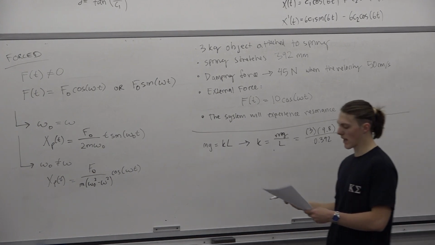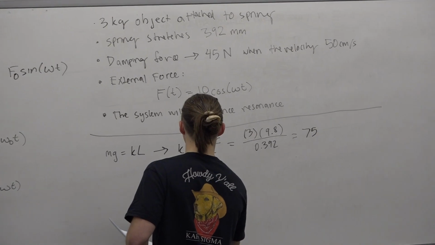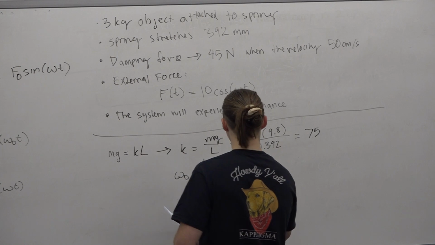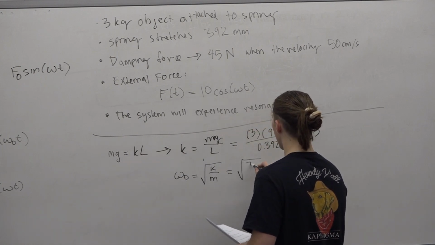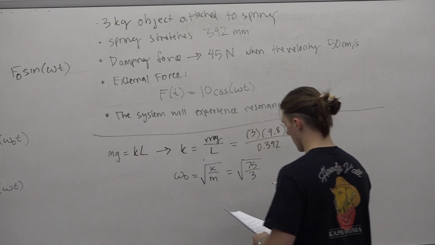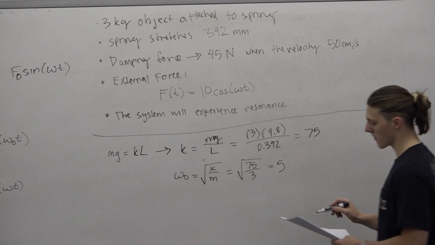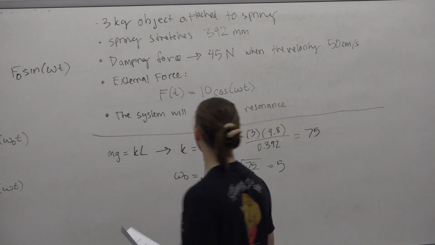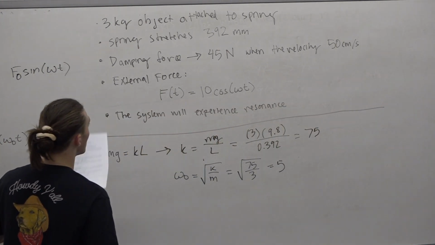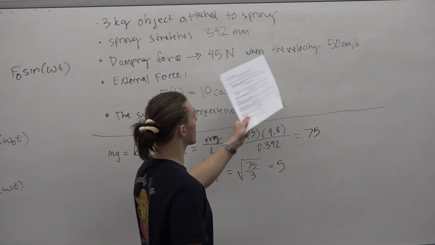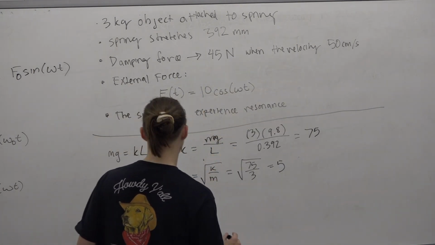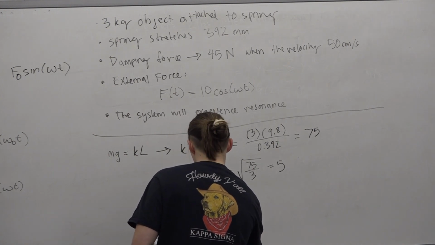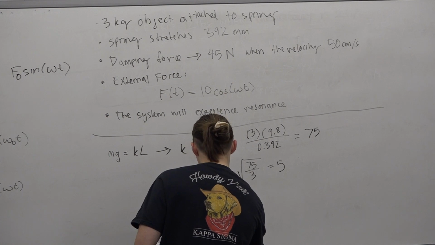We also calculate our omega naught, the resonant frequency, square root of k over m. So we just got k, 75. We know the mass is 3. We know that this is 5. Finally, one more thing. We have to figure out gamma. We have the damping force is 45 newtons when the velocity is 50 centimeters per second. So we set up that equation from before. F of d is gamma times x prime.